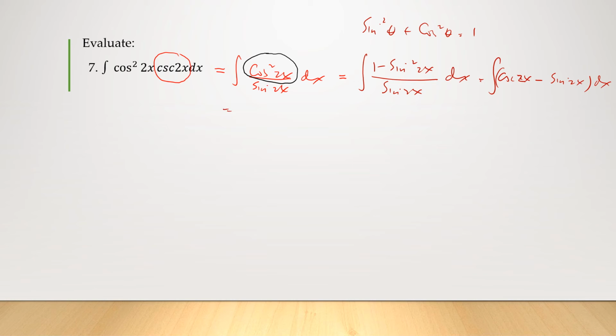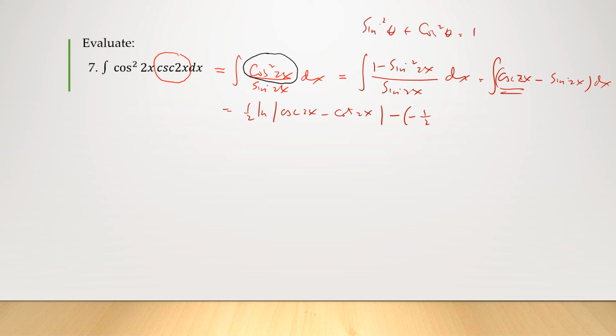So we can now evaluate the integral of cosecant 2x. u is 2x, du is 2 dx, so we have 1/2. And the integral of cosecant is ln of the absolute value of cosecant 2x minus cotangent of 2x. Minus the integral of sine 2x is negative 1/2, because of the differential of 2x, which is 2 dx.